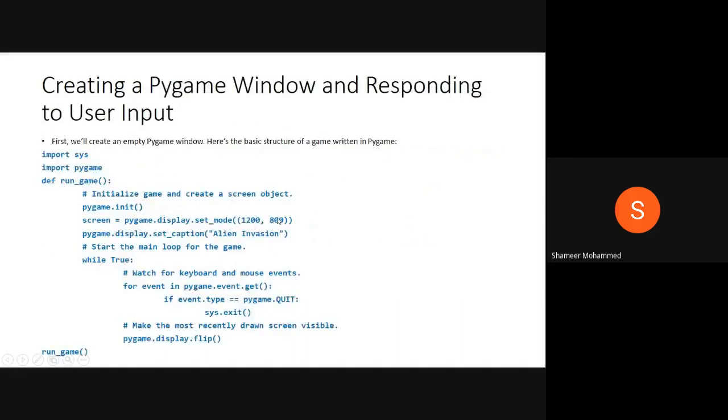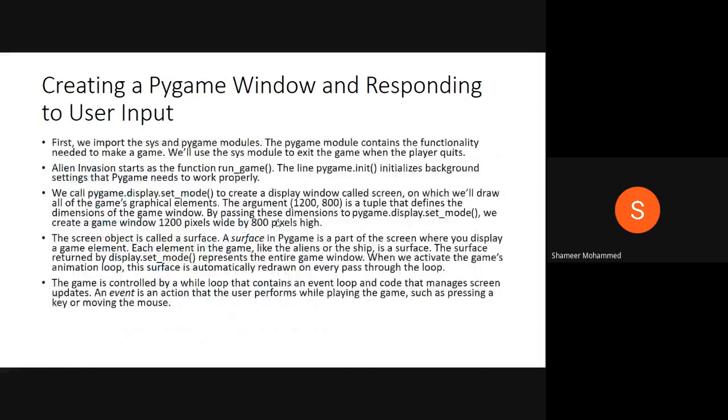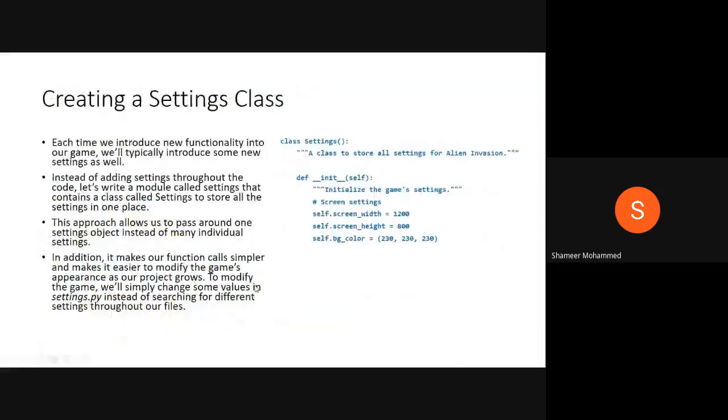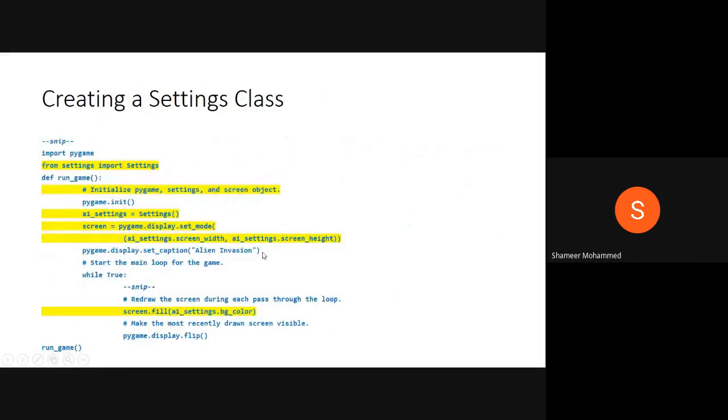So if you are doing a project, you should not use it like this; you have to put it in a separate file and set the parameters like this. Then you can import this class into your program and use the variables of that settings class.